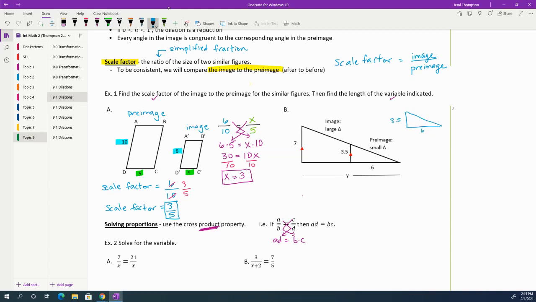So my advice is redraw these triangles. And they don't have to be perfect. You can just get an idea here. Right, so I've got 3.5 as my height for my small one and 6 is my base. And then for my large triangle, I have 7 as my height and I have y as my base.